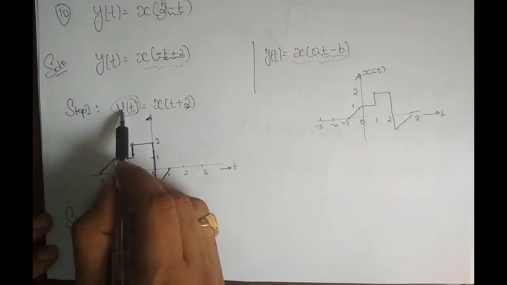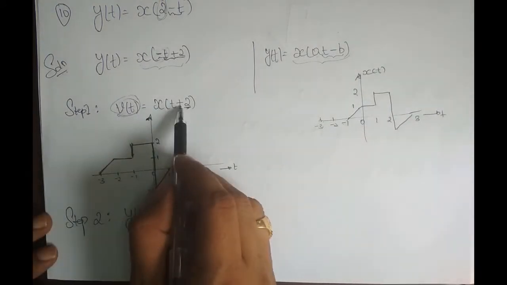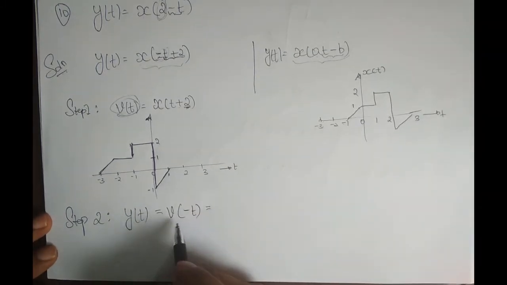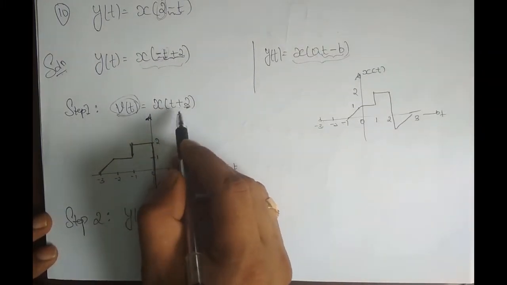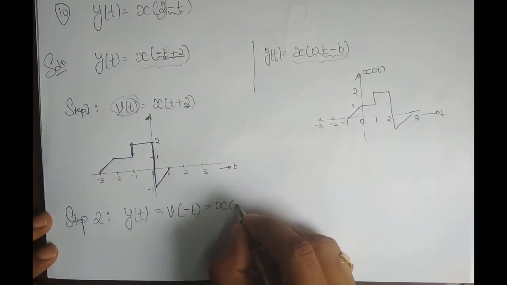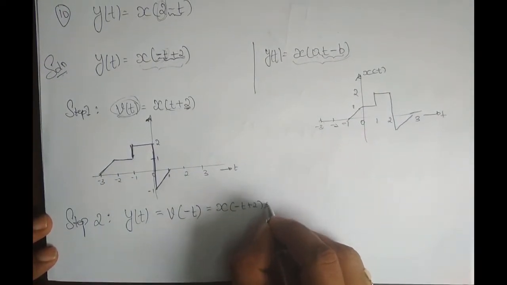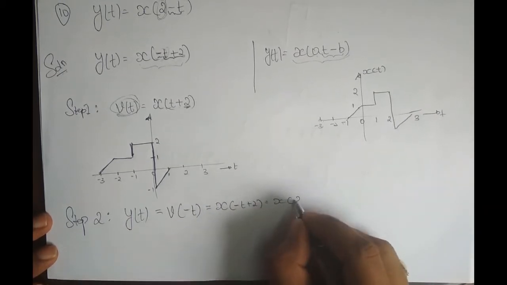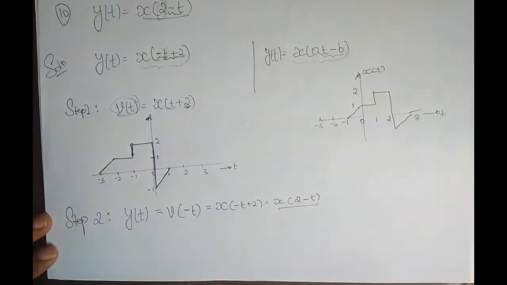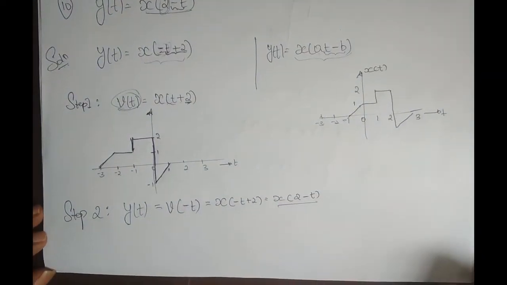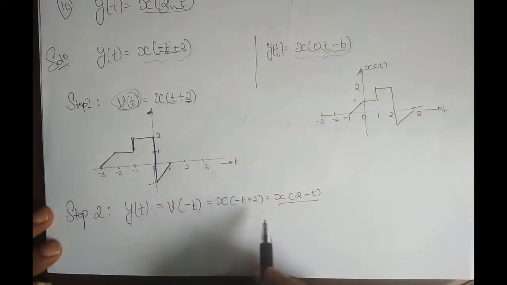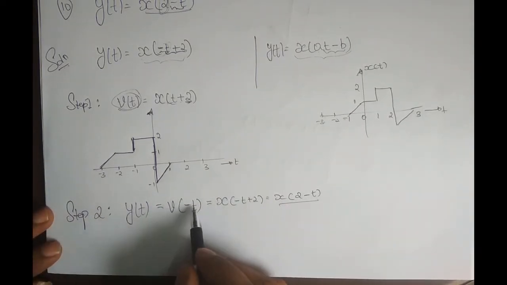To get v of minus t, in the right hand side of the v of t equation, wherever t is there, I have to replace it by minus t. So what is v of minus t in terms of x of t? It is x of minus t plus 2, and this is nothing but x of 2 minus t. This is what I want, x of 2 minus t, right? I did not sketch it yet. This is how it looks mathematically, but graphically, what I need is v of minus t, right?